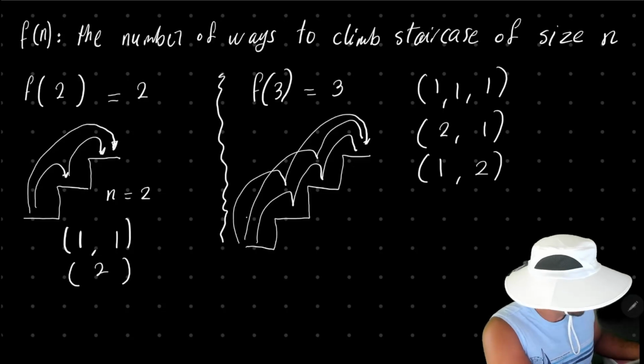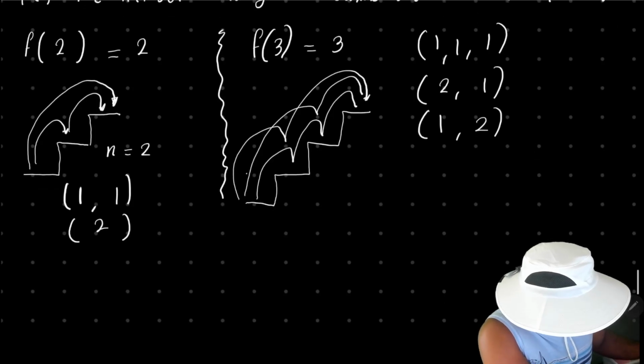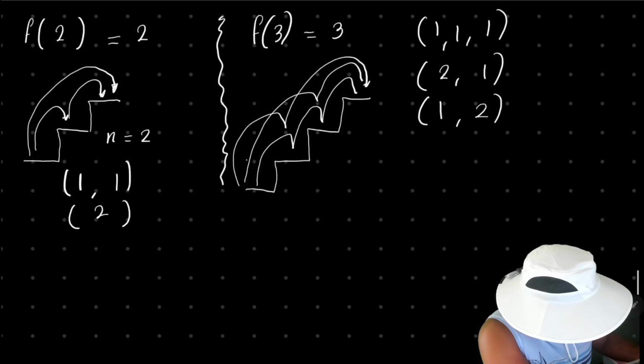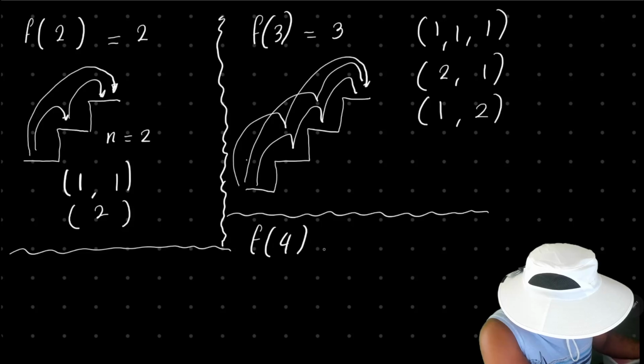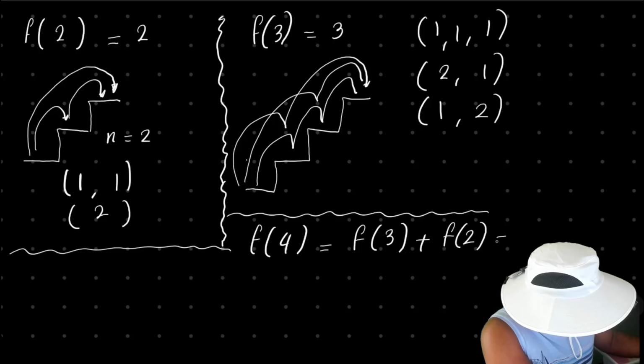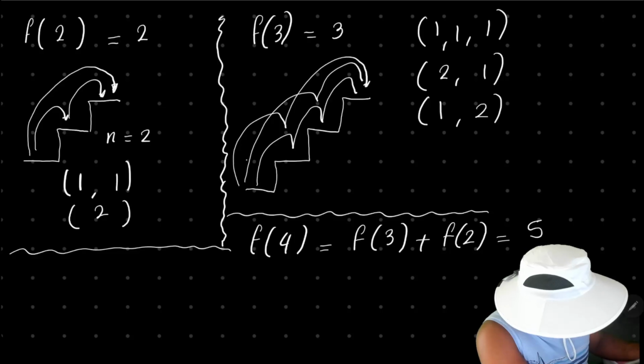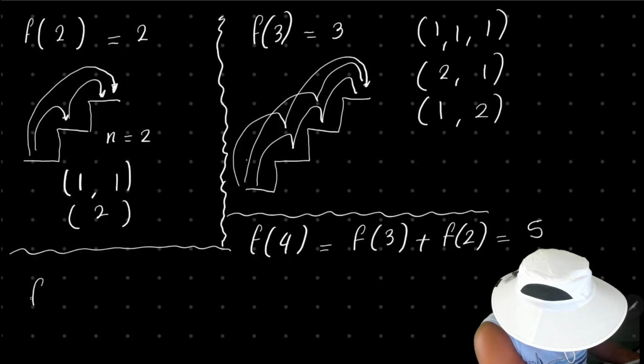Okay, and then we asked ourselves, what about f of 4, if the staircase has 4 steps? Well, using the recurrence relationship we discovered, it will be f of 3 plus f of 2, and that will give you 3 plus 2 equals 5. And if we use the same recurrence relation, what about f of 5?